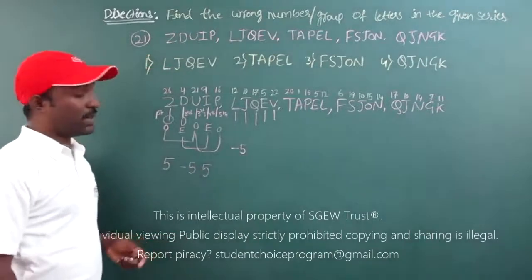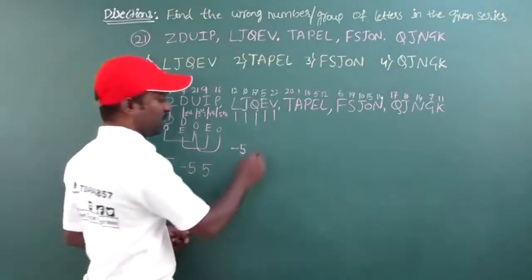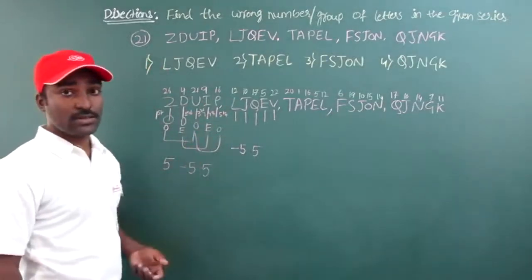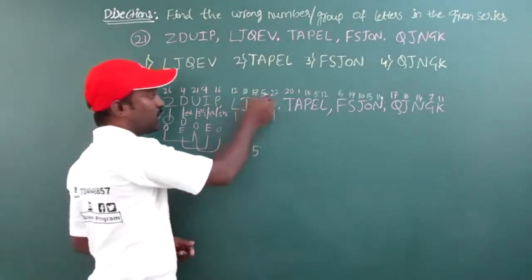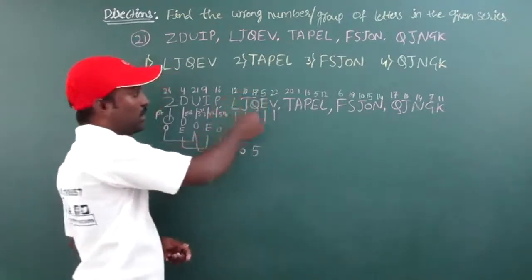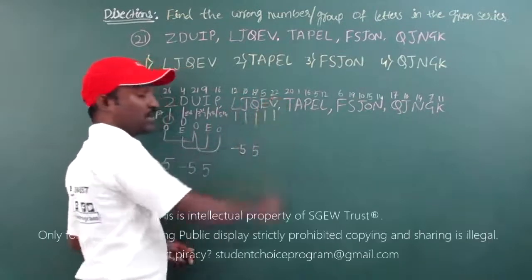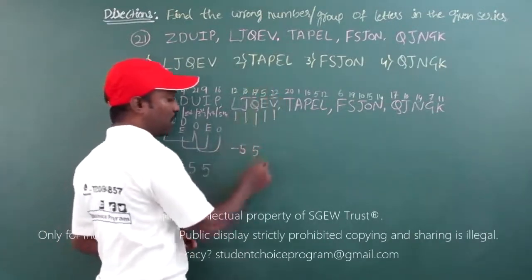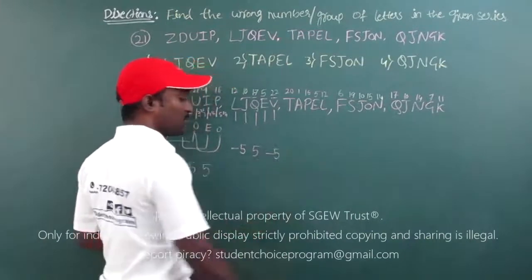Now 10 minus 5 is 5. Now next is 17 minus 22, that is the letter at third position minus the letter at fifth position. 17 minus 22 will give me minus 5.